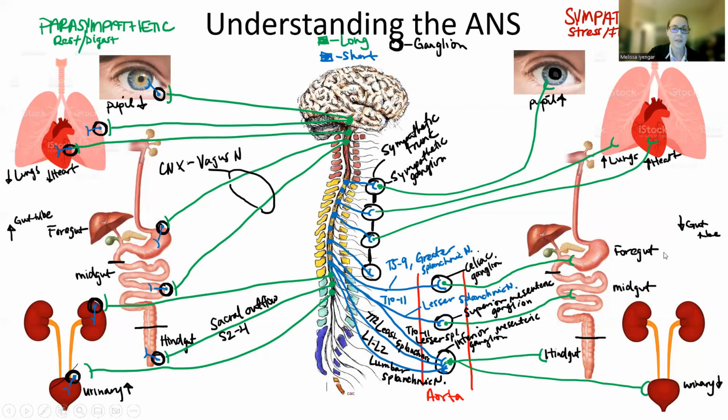Okay. And this is the reason why you have to have the sympathetic trunk in order to do that. You don't have a parasympathetic trunk because you're primarily using a single nerve to innervate, like, I don't know, 80% of the stuff in your torso.